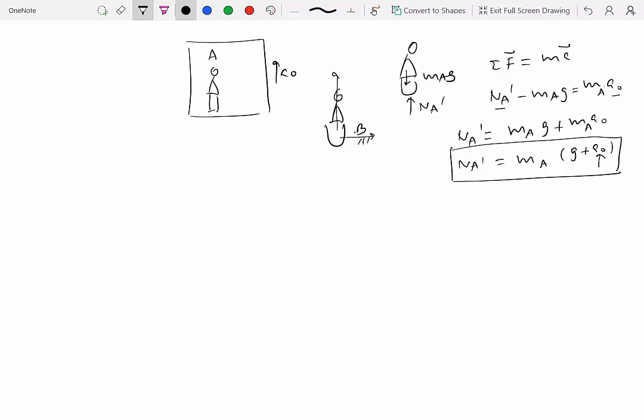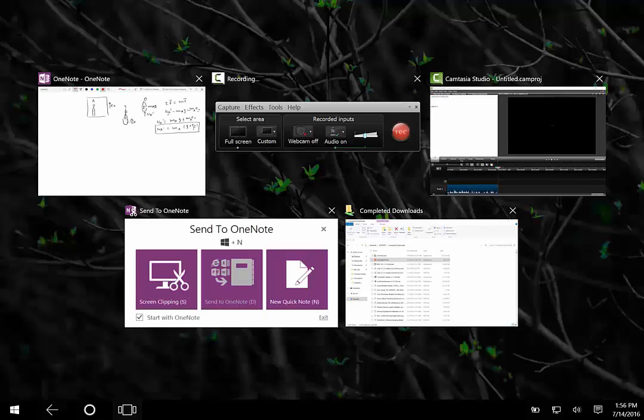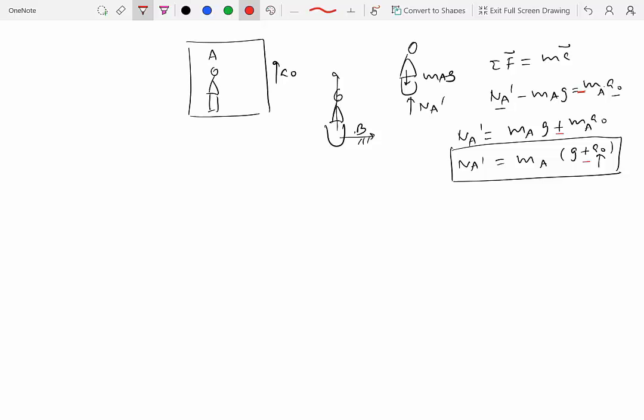How would this change if, let's say, you were going down with some acceleration? Well, the only change would be really in the sign of the acceleration. So instead of positive, this would actually be a negative quantity, and that means here we will have a negative quantity, and this would change to a negative quantity too. So now you can see that you will actually feel lighter if you are going down with some acceleration.